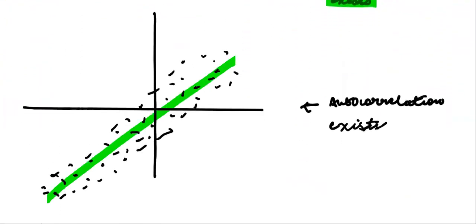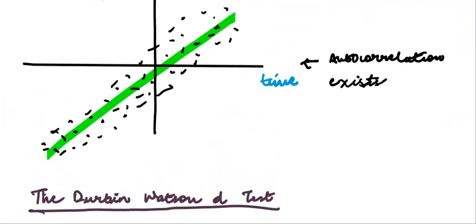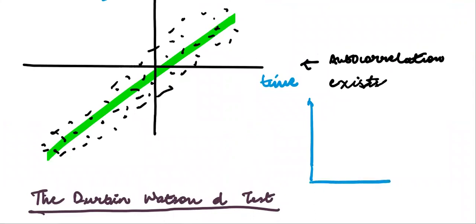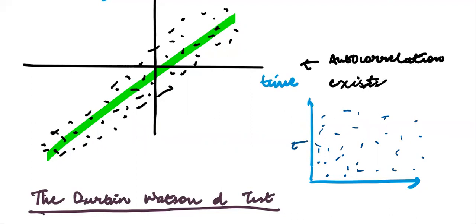Here with time, I see a positive pattern. This is my time period. These are my residuals. Then autocorrelation exists. If with time I don't see any pattern, something like this, no pattern being formed, then there is no autocorrelation.